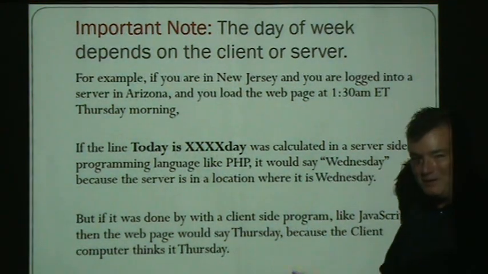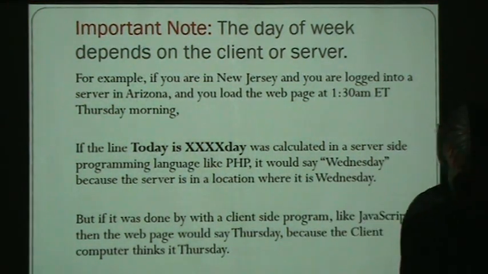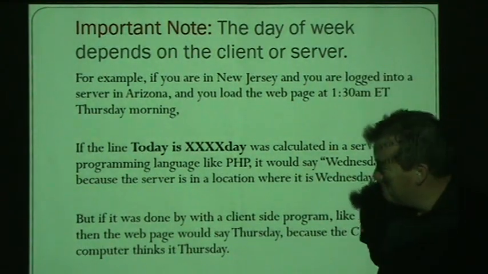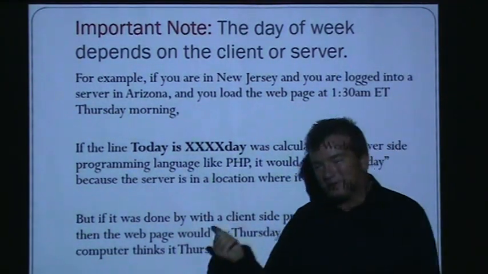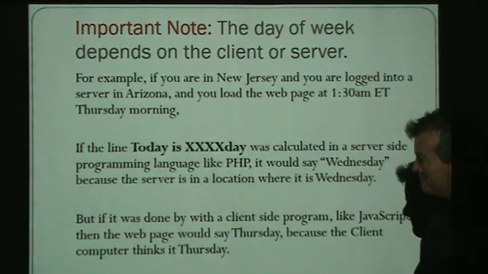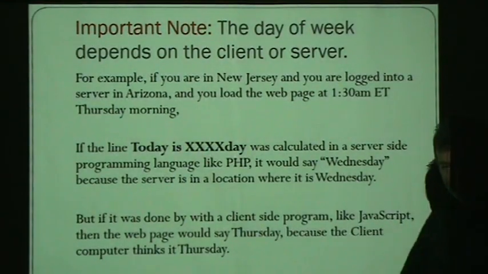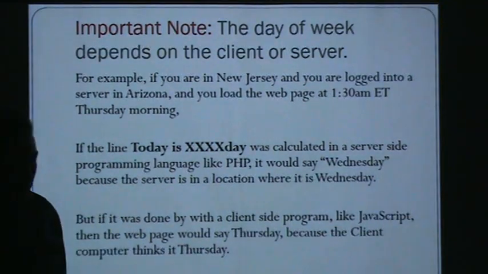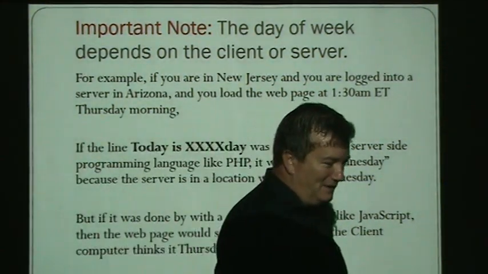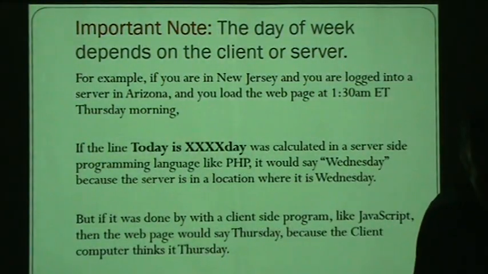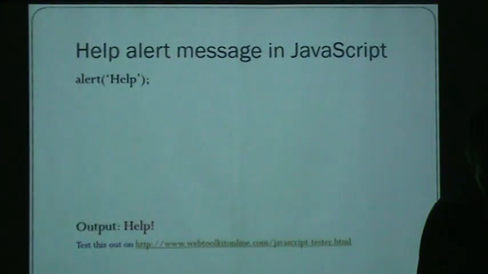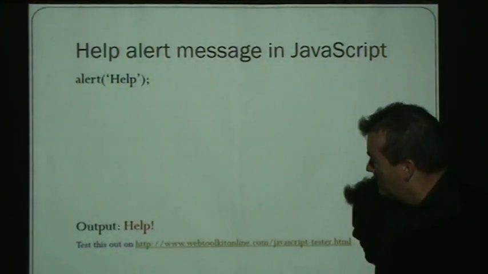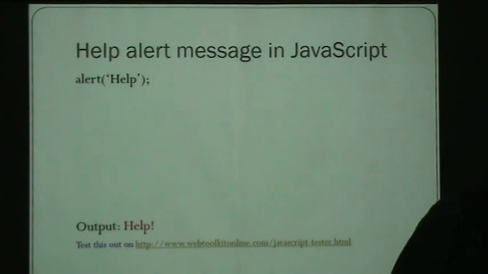So it might say Wednesday or it might say Thursday, depending on whether you use server-side or client-side script. Does that make sense? So it's just something to think about. It would be better to say the date rather than say today is Thursday, because then it's Thursday according to who.